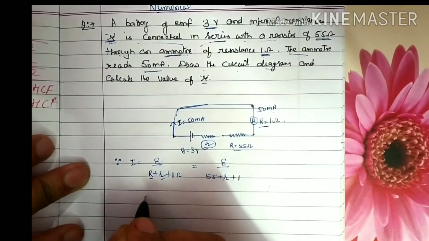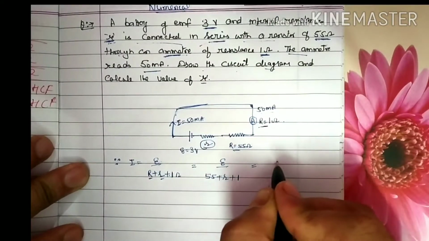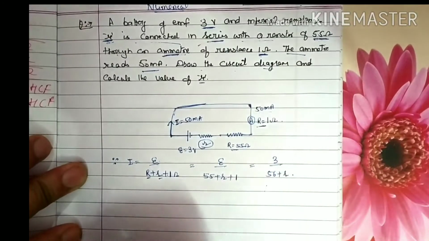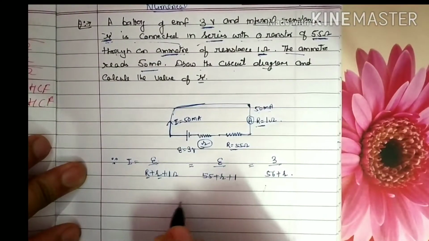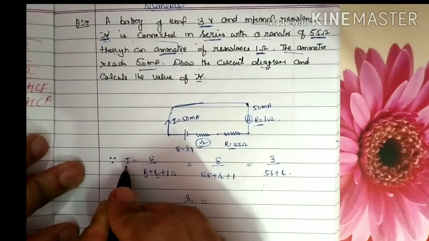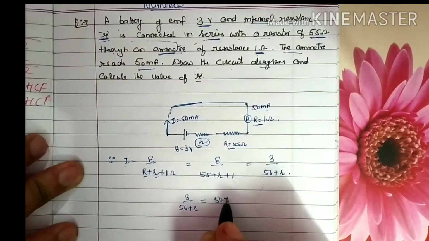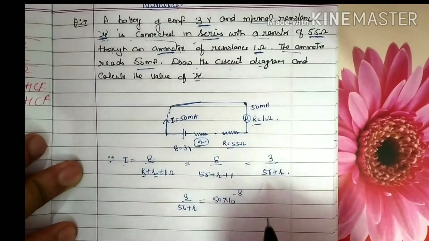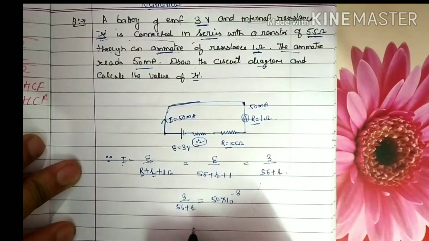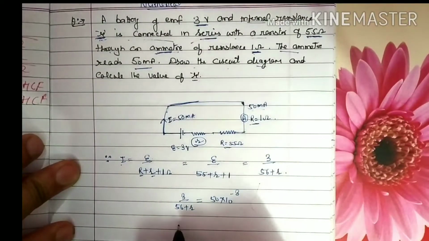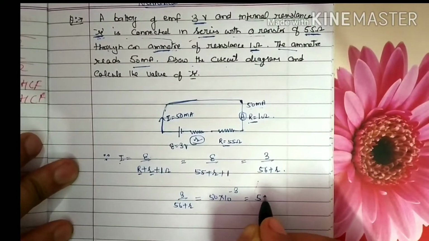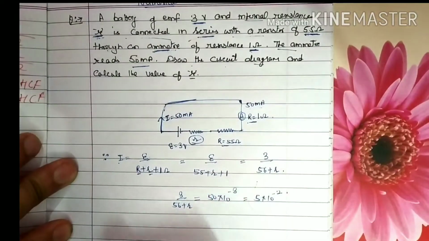The value of E is 3, so 3 over 56 plus r is equal to I. The value of I is equal to 50 into 10 raised to power minus 3, milli being 10 raised to minus 3. Solving this, we get 5 into 10 raised to power minus 2.